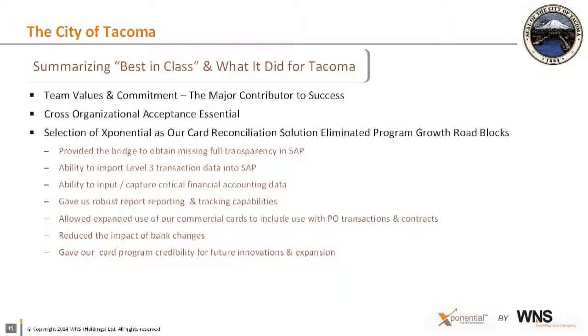The additional rebate that was generated funded the Xponential implementation and also the subsequent annual maintenance and support contract payments. It created a reconciliation and approval system that completely reduced the impact of changing banks for our end users. It set the stage for innovations for future expansion of our program.